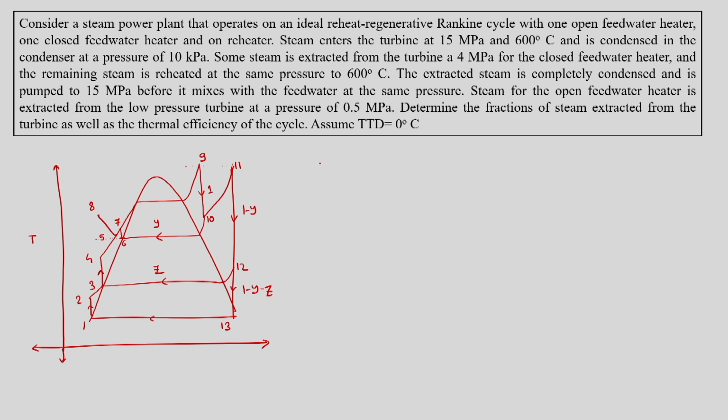So, in this example we need to go first into the steam table and note all the enthalpies whatsoever given as per their state values, like as per their pressures and as per their temperatures. So, as per the given things we have P9 equal to P7 equal to P5 equal to P4, and everything is 15 megapascal.